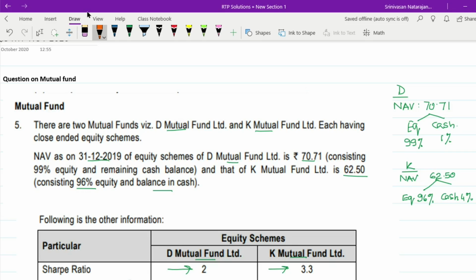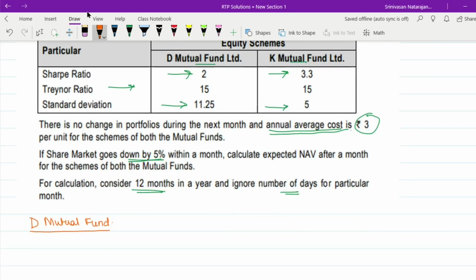Now to know how much equity has changed by, see, this information is critical. What they are saying is the share market goes down by 5%. Now what we are supposed to find out is, if the share market goes down by 5%, what will be the percentage change in the equity held by the fund. I'm just repeating this.